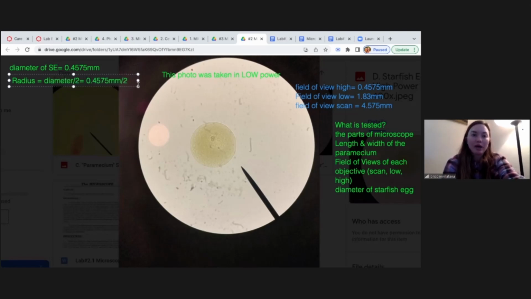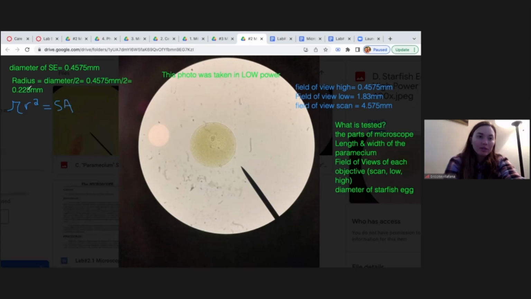So 0.4575 divided by 2 is 0.228. I'm cutting off some digits because this isn't an exact science, I'm not doing perfect math because this is a science class. So pi r squared is our surface area formula.